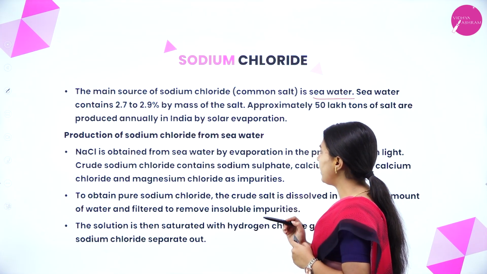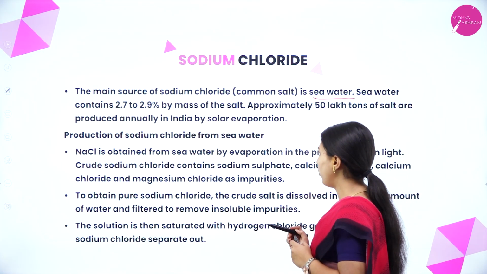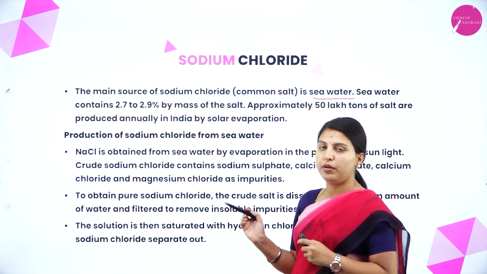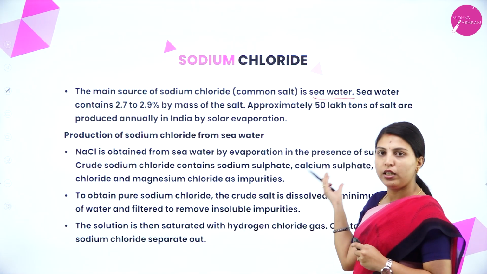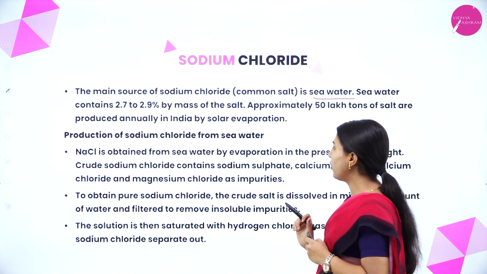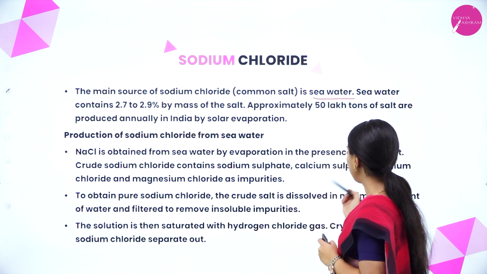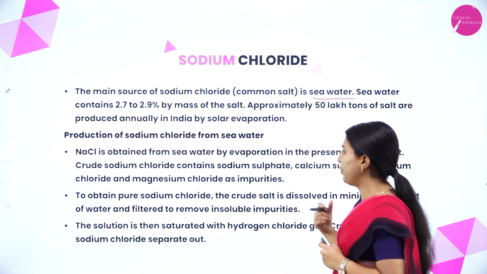Crude sodium chloride contains sodium sulfate, calcium chloride and magnesium chloride as impurities. By sunlight evaporation, we can dry out this sodium chloride, but that crude sodium chloride will contain sodium sulfate, calcium chloride and magnesium chloride as impurities.